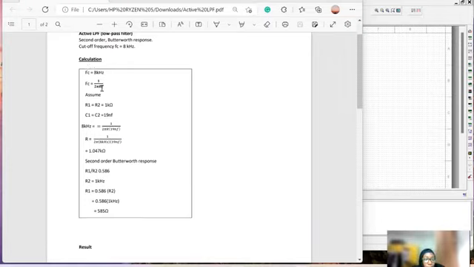For the calculation, we have the cutoff frequency equal to 8 kilohertz, and the formula for the cutoff frequency is 1 over 2 pi RC. So I assumed R1 equals R2, which is 1 kilo ohm, and C1 equals C2, which I assume equals 19 nanofarad.